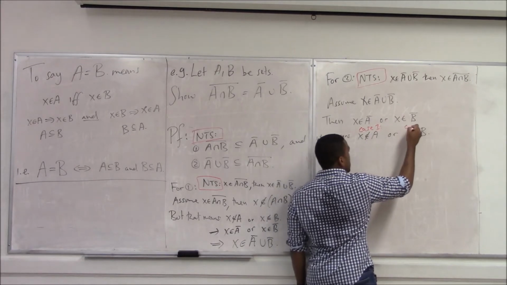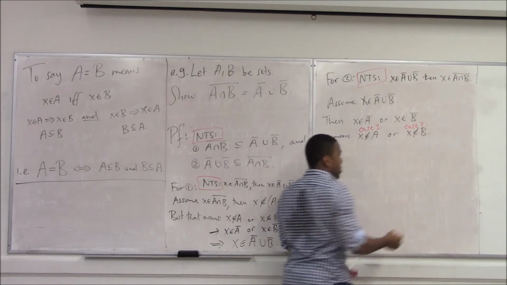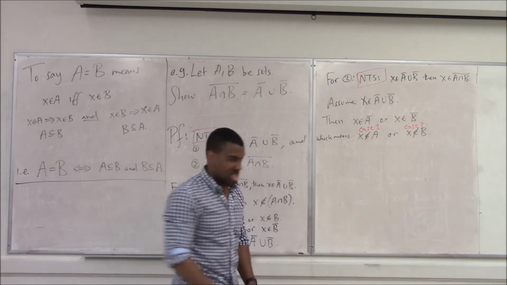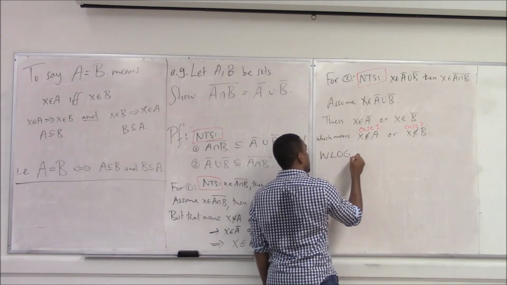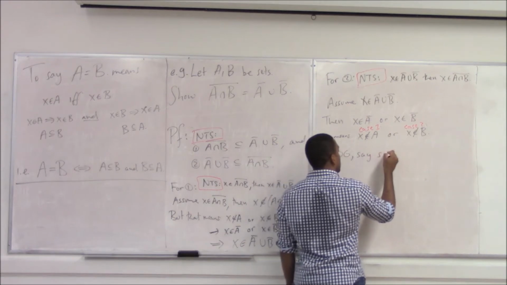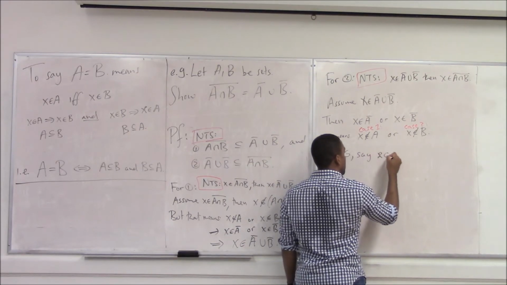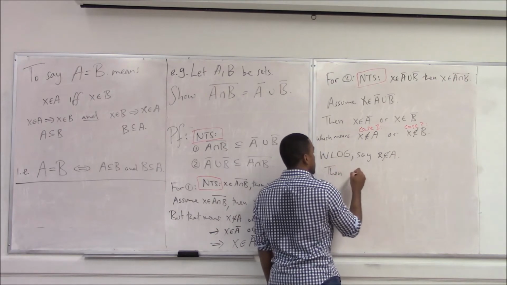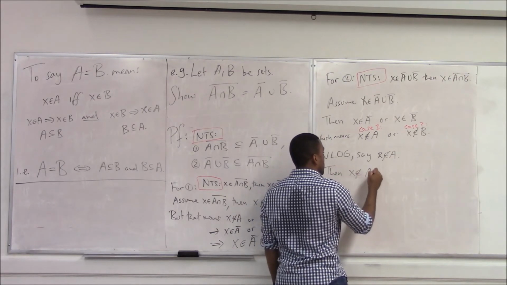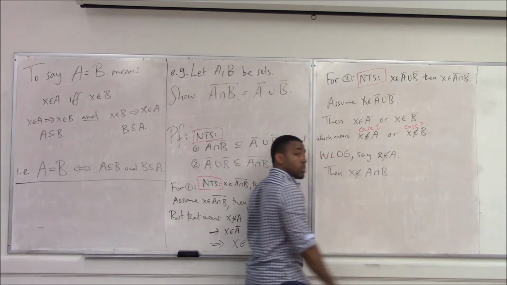Here's case 1, here's case 2. But they're going to be pretty similar, so I'm just going to do without loss of generality. Without loss of generality, say x is not in A. Then x is definitely not in the intersection, right?